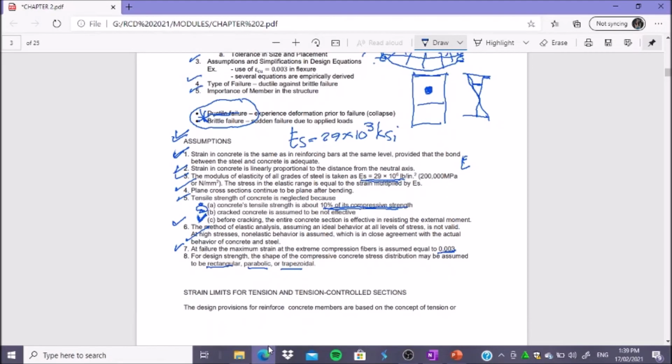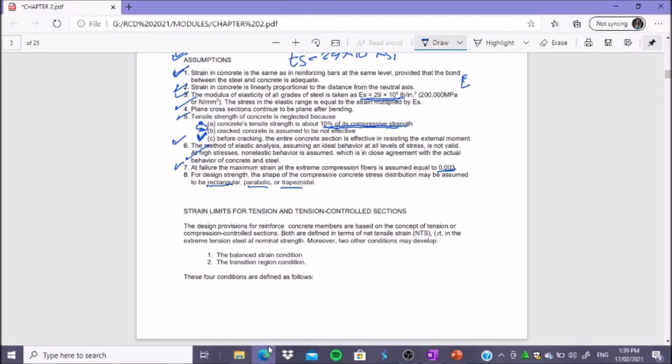Now, these are the strain limits for tension and compression control sections. This is actually for NSCP 2015, because in 2010, in 2001, we only have under-reinforced and over-reinforced. We have no transition region.